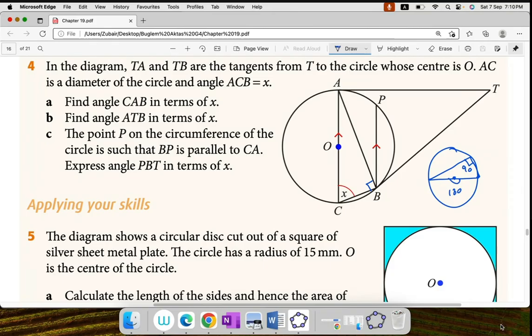Would A be x over 2? Which one? A. Now this is actually the sum of the triangle. So 180 minus both of these. This is 90 minus x.